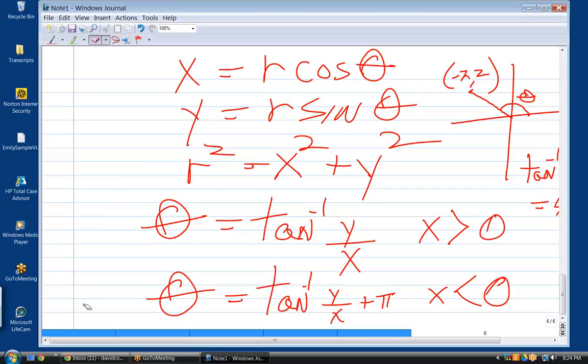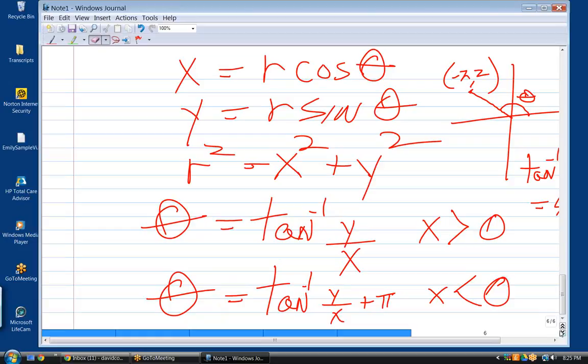Where is the tangent undefined? 90 degrees or minus 90 degrees. So if x is 0, theta is either plus 90 or minus 90, depending on what y is.